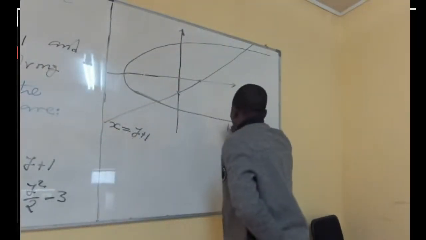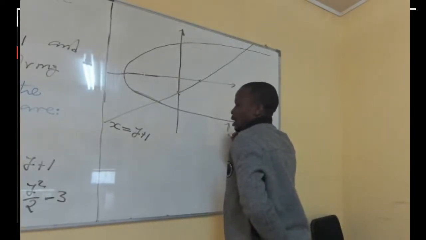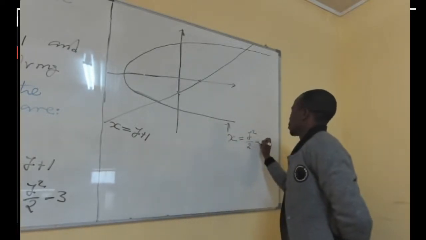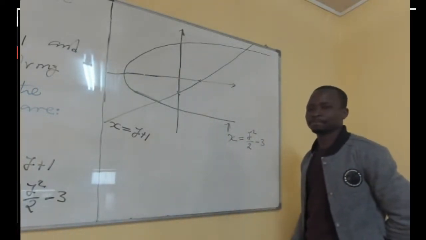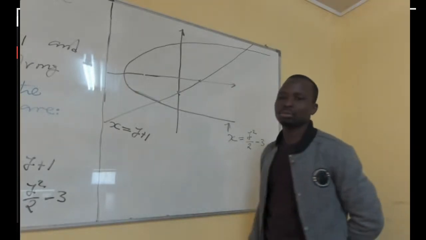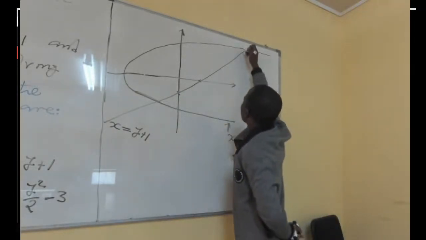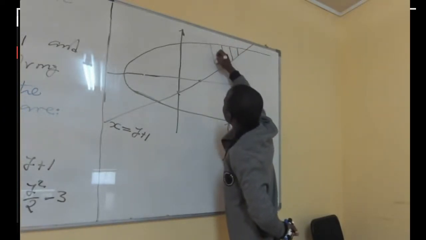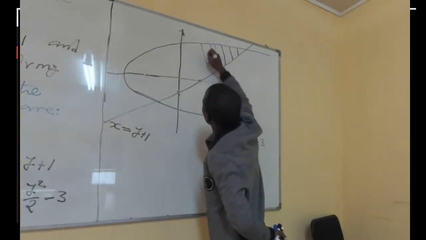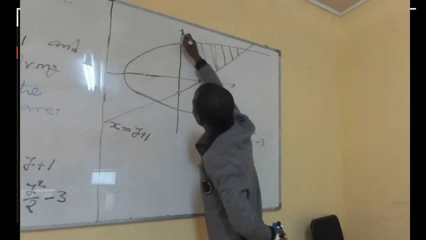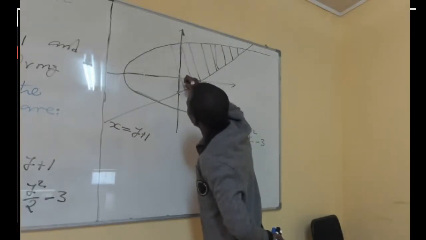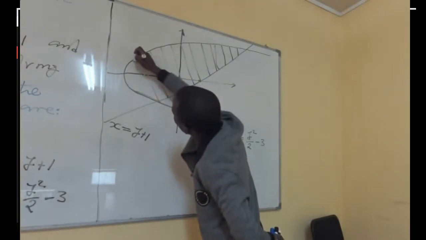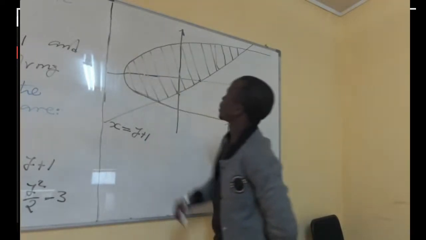Then this curve is x equal to y squared over 2 minus 3. So the region which they are asking us to find its area is this region.